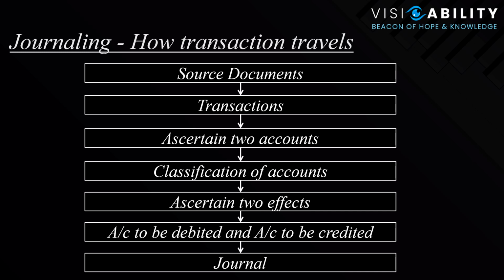It would first be the two accounts that are going to be debited and credited would be ascertained. Then depending on the type, we would classify it, and after the classification, we would be seeing what are the two effects that would be there, which account would be debited and which account would be credited, and then we begin with the journal entry.